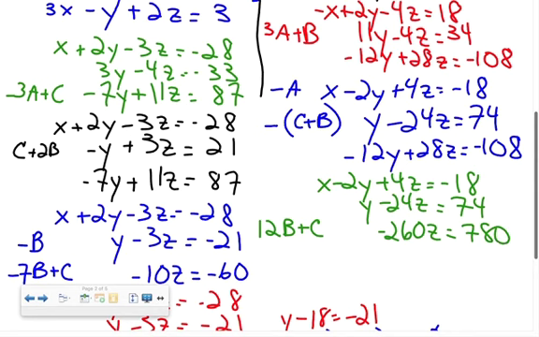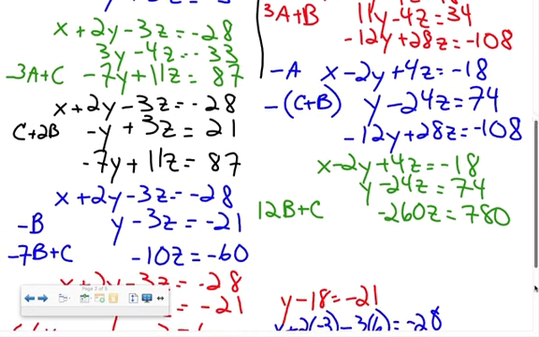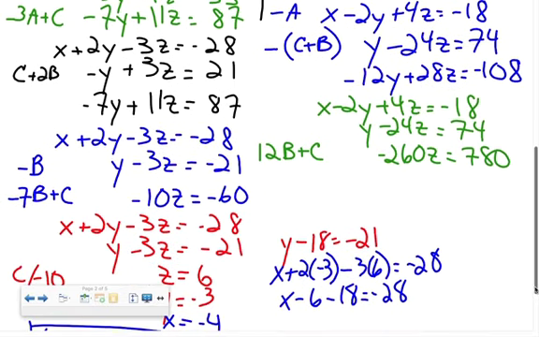And before you start panicking and saying, oh my gosh, these numbers are crazy, I must have done something wrong, look at that 260 and 780. I can take that whole equation, equation C, and divide it by negative 260, and lo and behold, z will equal negative 3. So that's what I'm going to do in my next step.